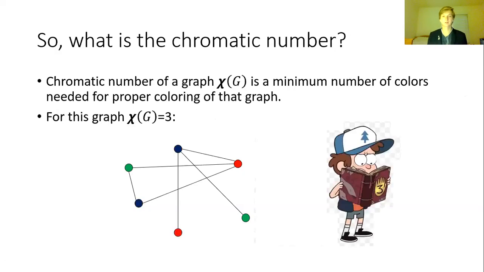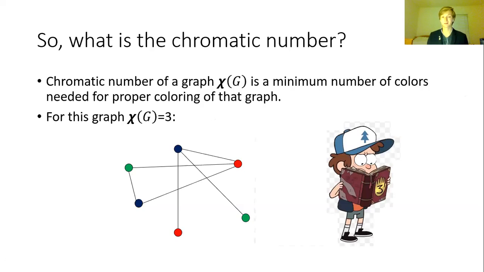Okay, so what is the chromatic number? The chromatic number Q of G, where G is a graph, is the minimum number of colors needed for a proper coloring of a graph. As you can see for this graph, it is three, so we cannot color it in two or one color. In one, obviously, we cannot color it. Why can we not color it in two?